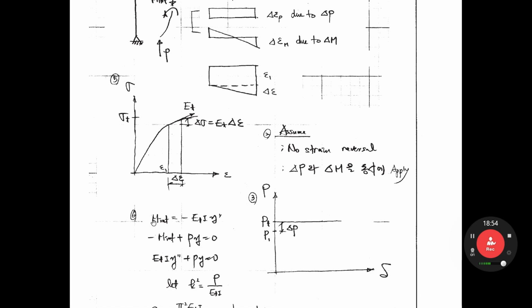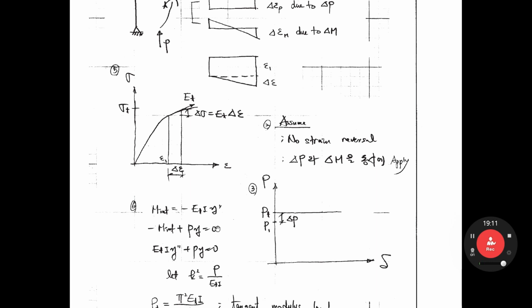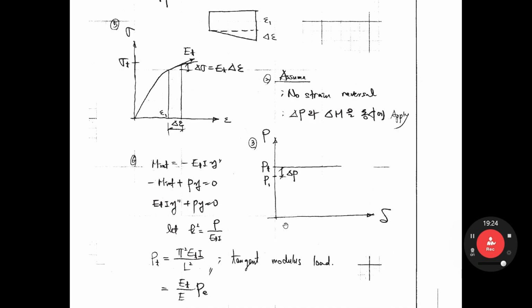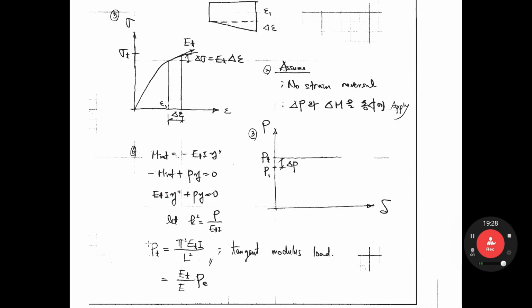So M internal equals minus E t I y double prime here. So we can rewrite the equation like this, E t I y double prime. If we let k square equal P over E t I, then we can solve the same as the previous. Pt equals pi square E t I over L square. Okay, it is called the tangent modulus load for an inelastic column.